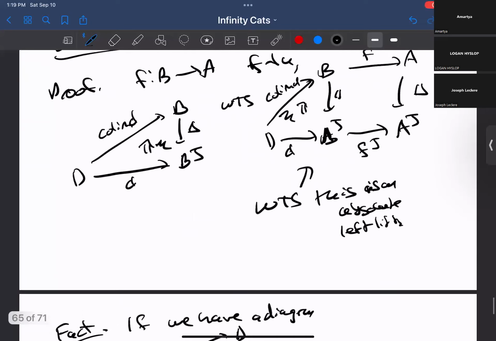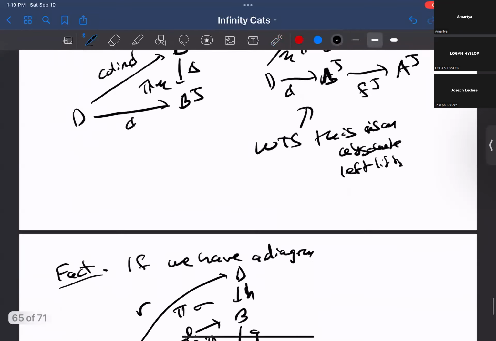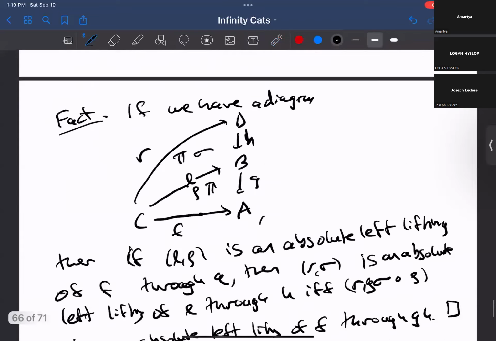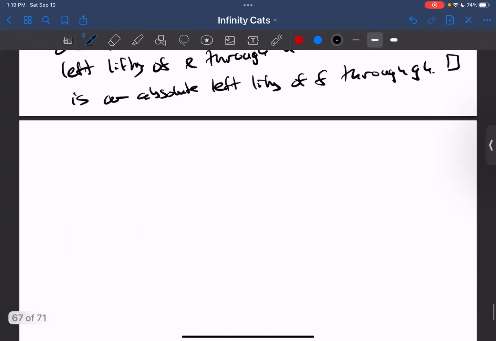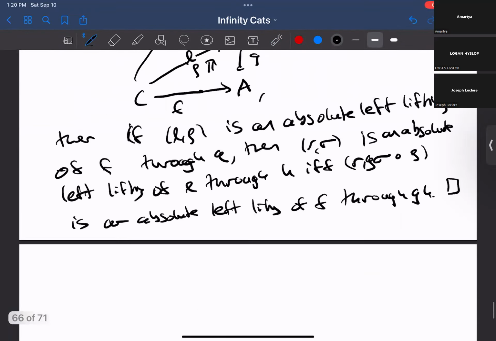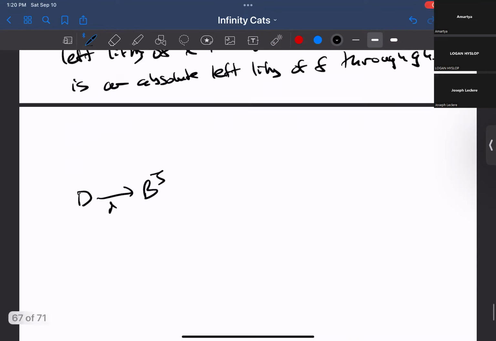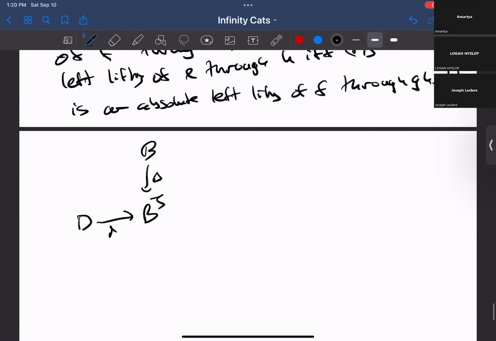And using this fact, what we do is we note that this diagram here is going to be the same as if we append this here.